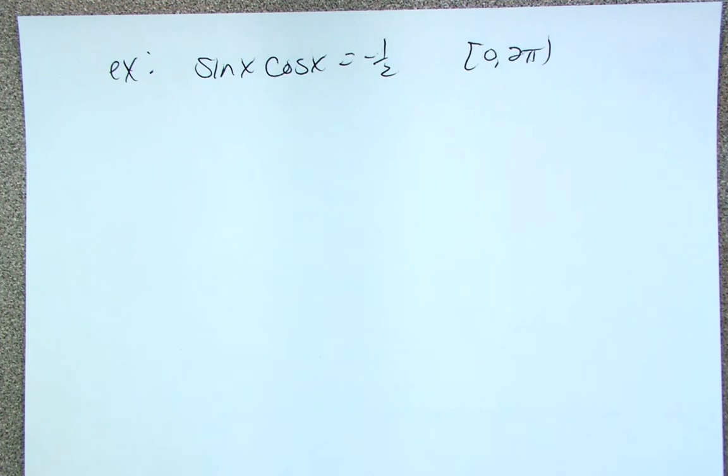Another kind. Oh, still with trig identities. This one says sine of x times cosine of x equals negative 1/2. There's not a square. Can't replace it.